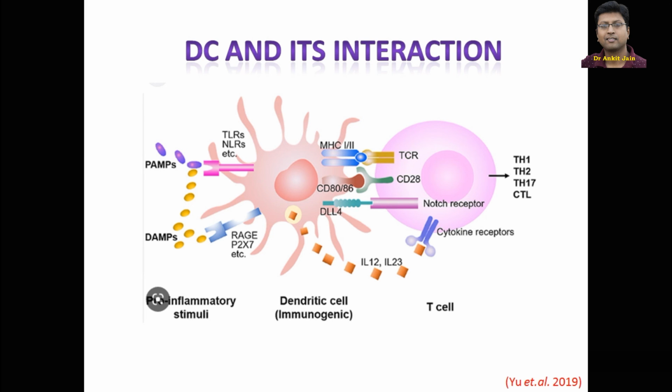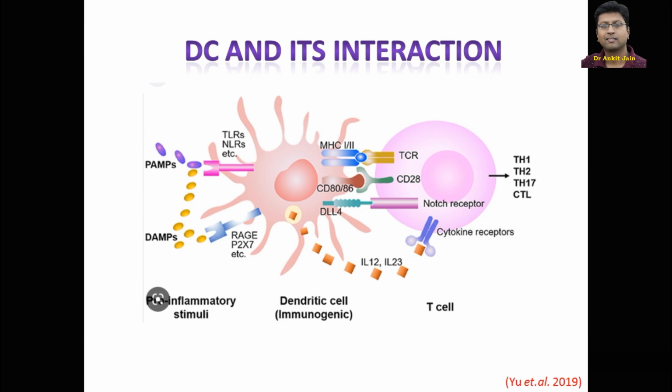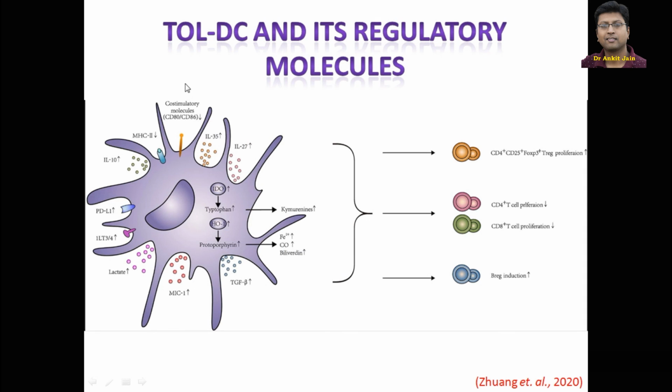This dendritic cell will interact with the different T cells, and it will further produce different T cells. So we have to change this mature dendritic cell response to the tolerant dendritic cell response, and this is now the basic concept of the vaccine.